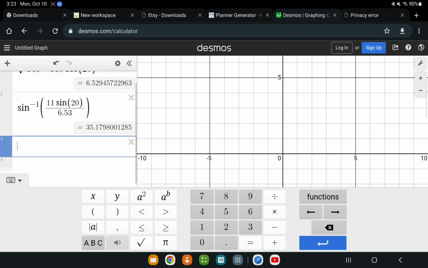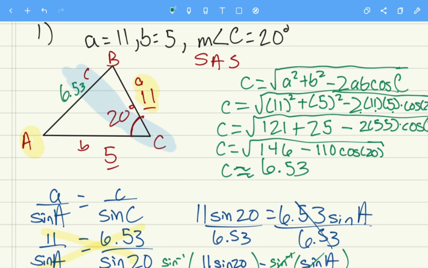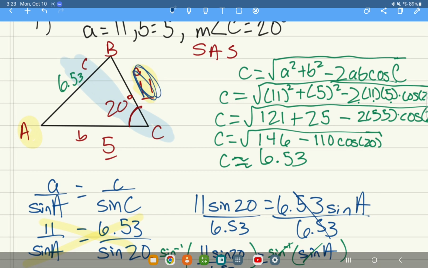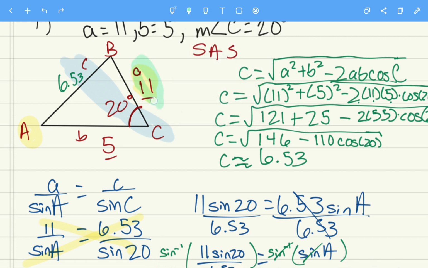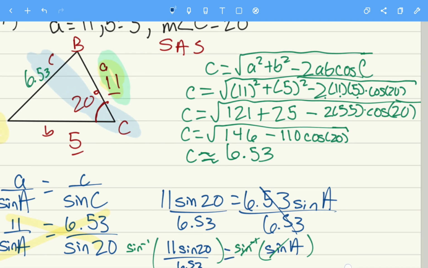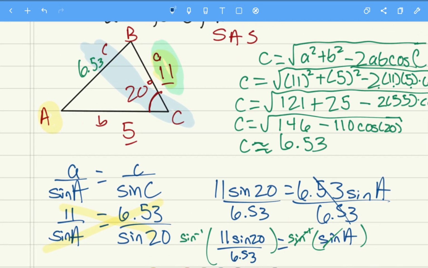One thing to note here is that with our triangle, side a is our largest side, because side b is 5 and side c is 6.53. This is not a right triangle, so angle A has to be an obtuse angle.